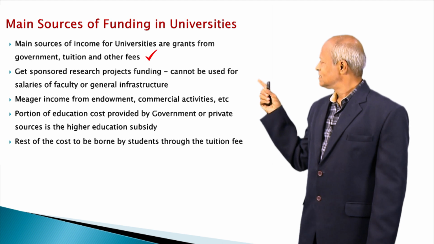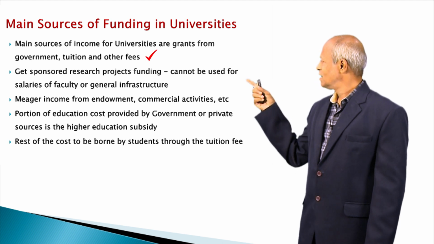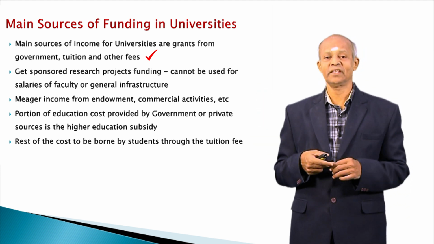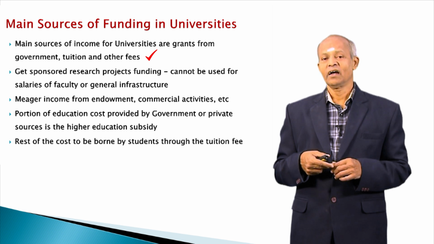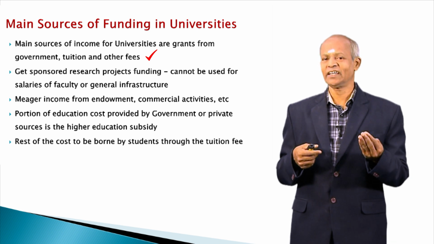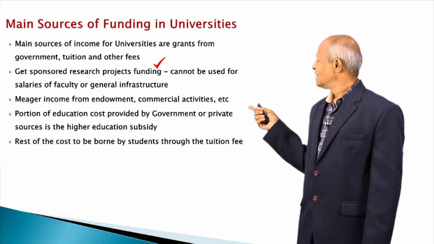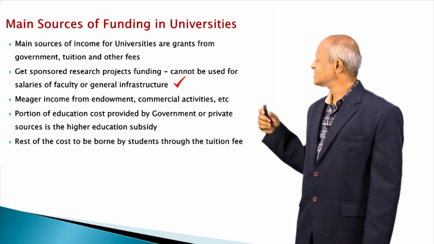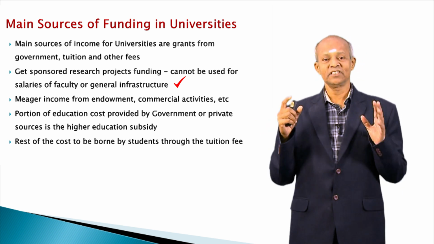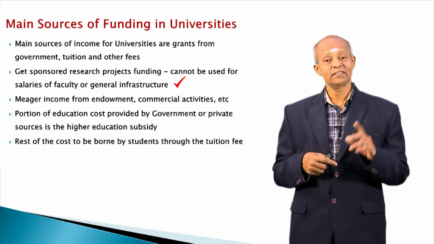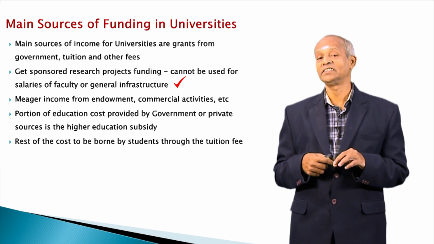And the main sources we have already seen, and tuition and other fees. So, they are collecting fees from the children, and the tuition fees are a meager amount, not a large amount. And the sponsored research project, suppose you are taking a research project, they will give some amount, but that should be used only for research.